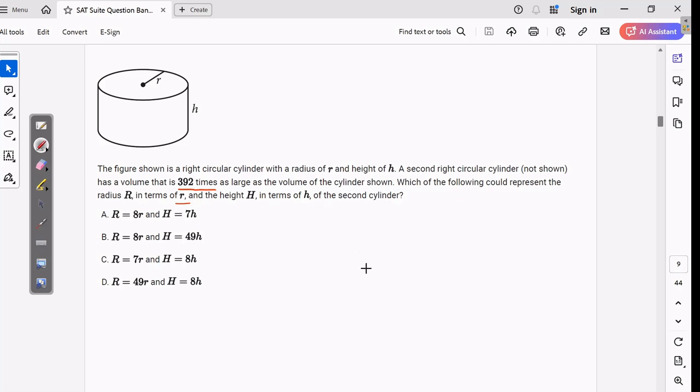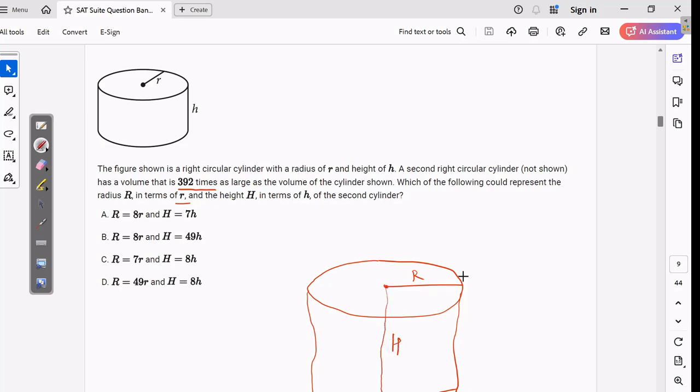Okay, so here you have a second cylinder which is really big. The radius of the bigger one is capital R, and the height of the bigger one is capital H, and its volume is 392 times the volume of this one.